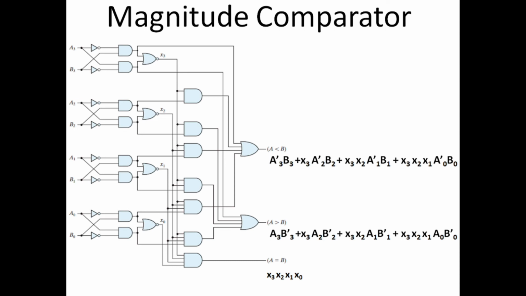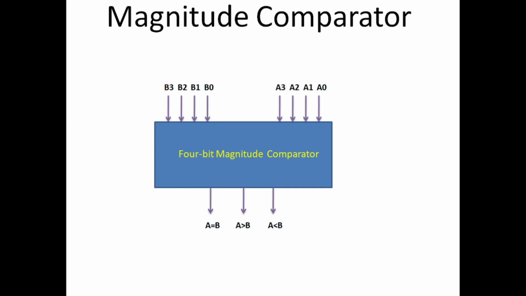To combine all these gates in a package, we would get this block diagram. So this is a 4-bit magnitude comparator. In this 4-bit magnitude comparator, we get the 4 bits of number A, where a0, a1, a2, and a3 are the 4 bits, and we get the 4 bits of the other number B, b0, b1, b2, and b3, and we get 3 outputs.